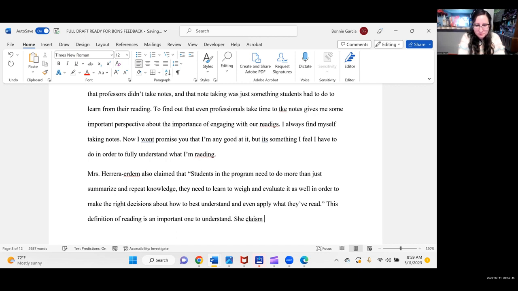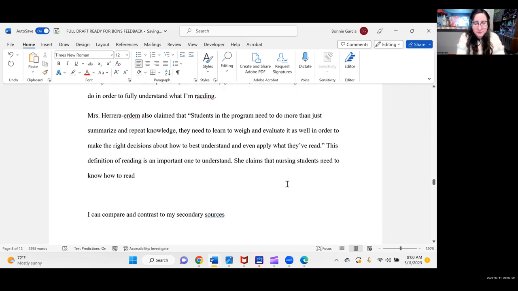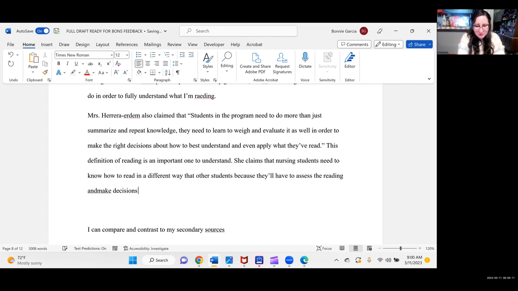She claims that nursing students need to know how to read in a different way than other students, because they'll have to assess the reading and make decisions about whether they should apply it when on the job, apply what they learned when on the job.